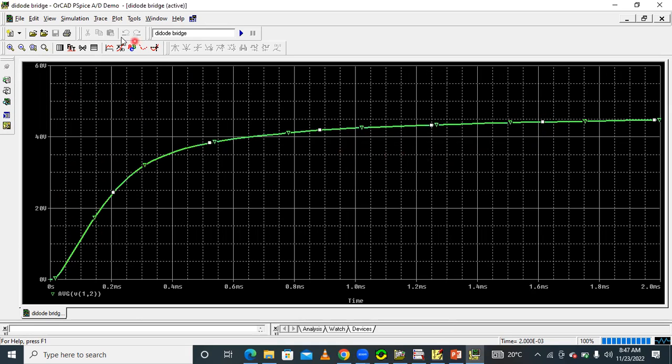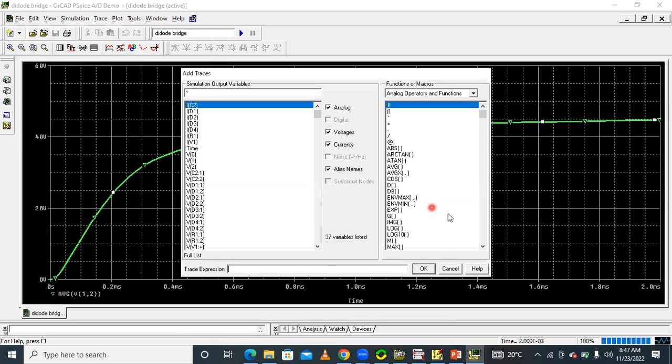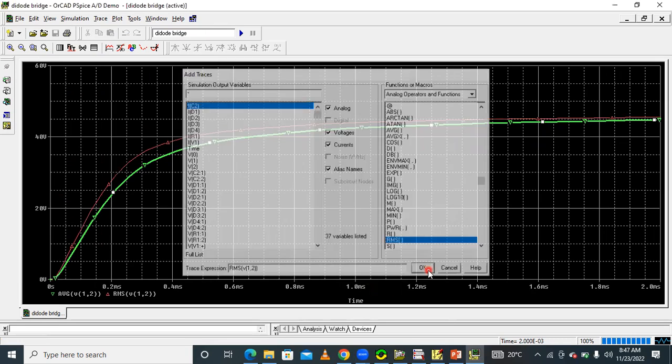Similarly for the RMS value, go to Trace, Add Trace, and write RMS of V(1,2).